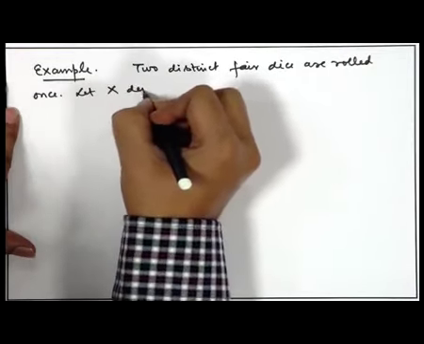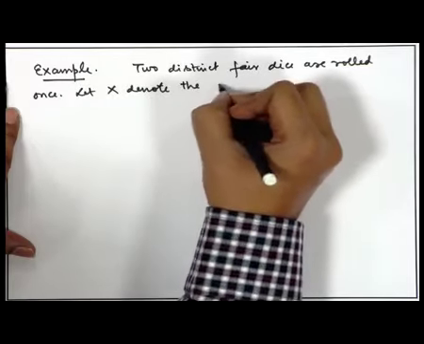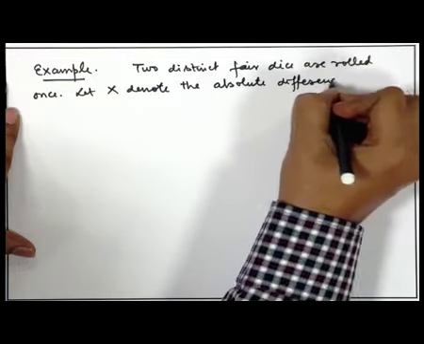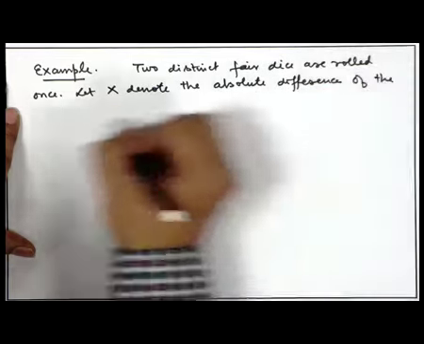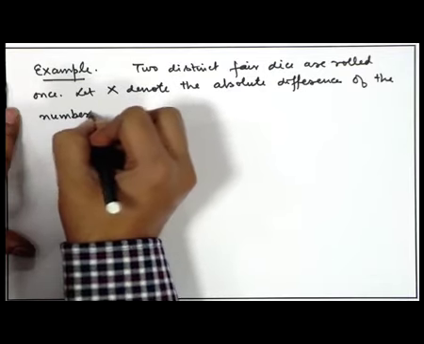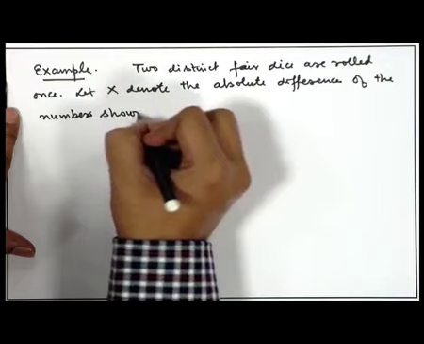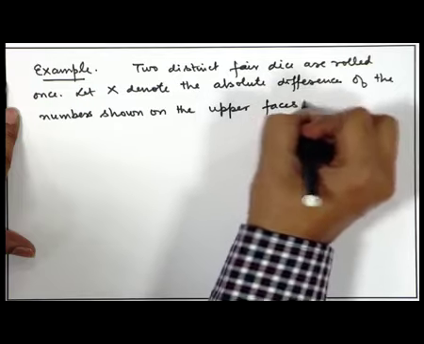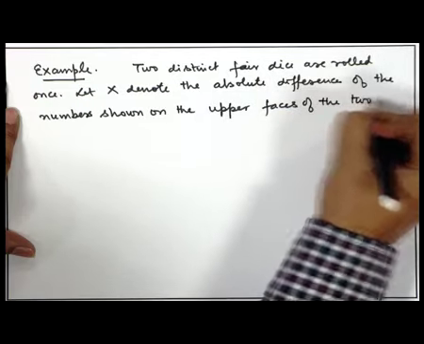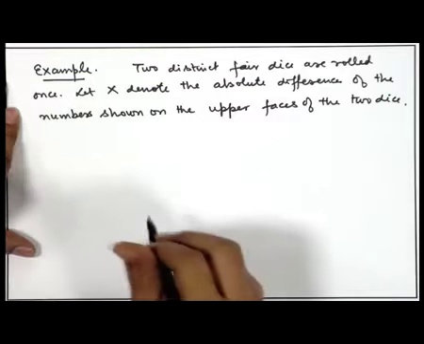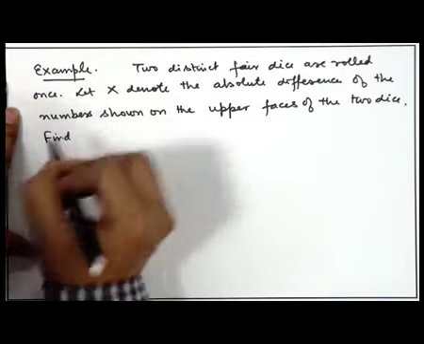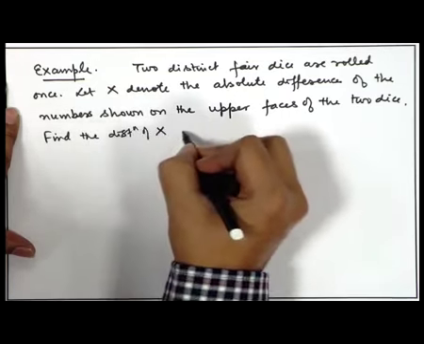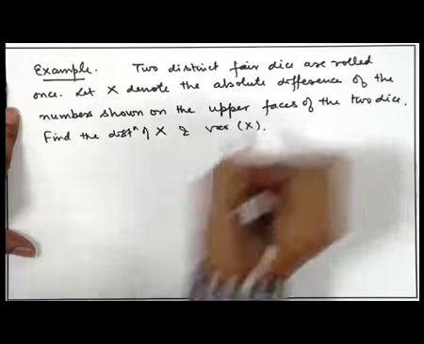Let x denote the absolute difference of the numbers shown on the upper faces of the two dice. So, we want to find out the distribution of x and say what is variance of x.